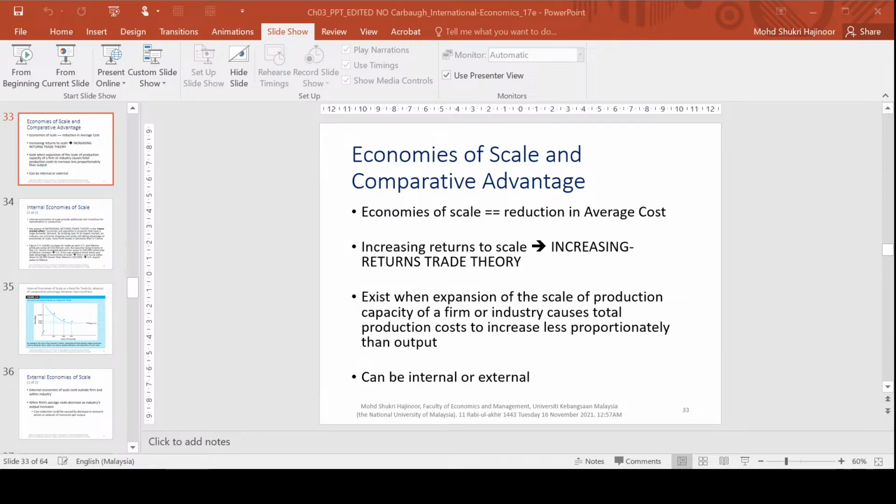So intra-industry trade is especially so for developed, rich, or industrial countries. It is two-way trade in a similar commodity, a similar product in the same industry.